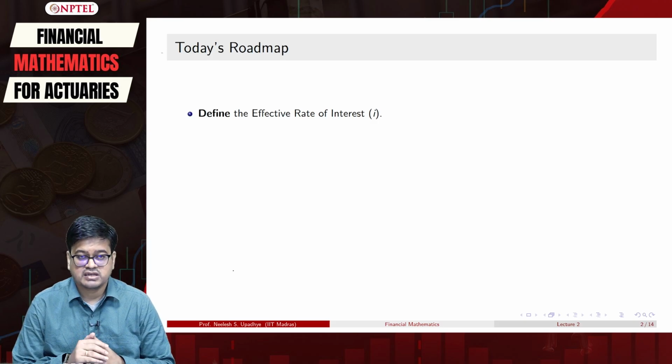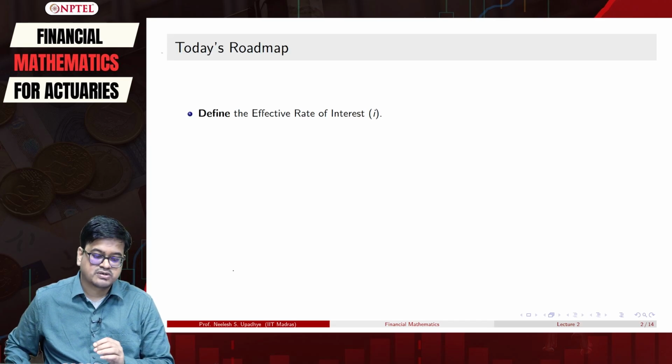Some banks pay monthly, some quarterly, some annually. So based on these, we have different interest rates, and if I want to understand the interest rates, I need to understand how much I have earned in a year or whatever is my benchmark period, correct? In order to understand that, we need the concept of effective rate of interest. That's what we will discuss in today's class.